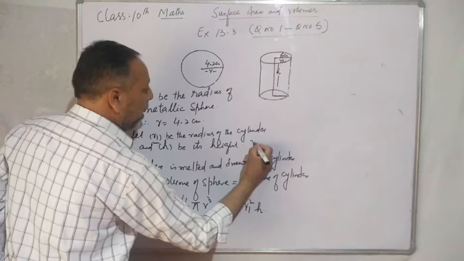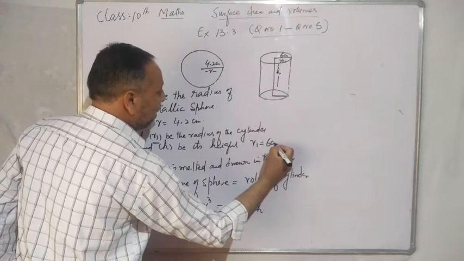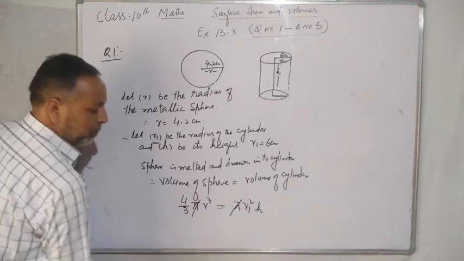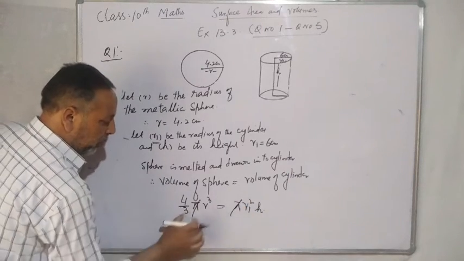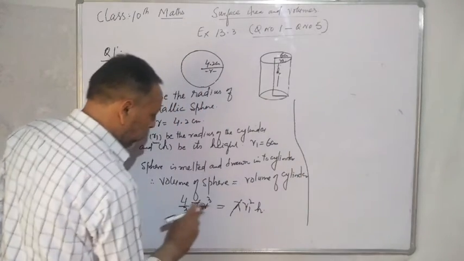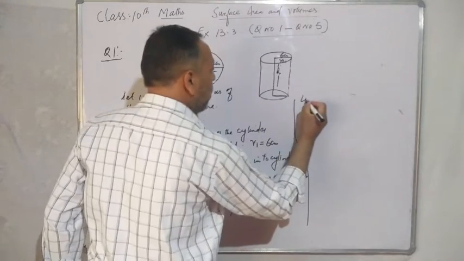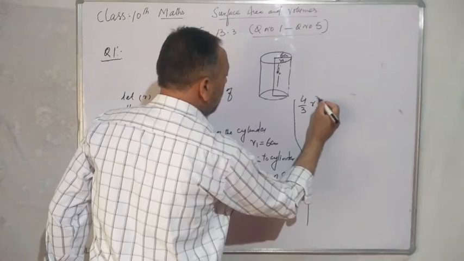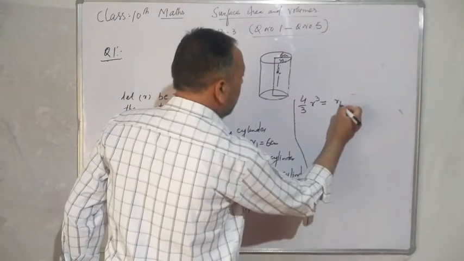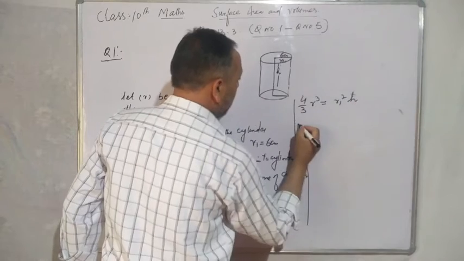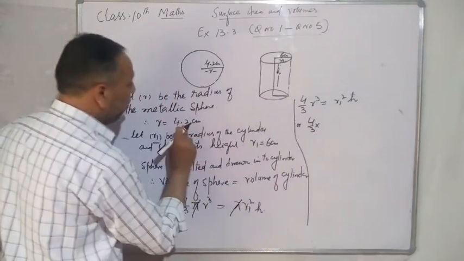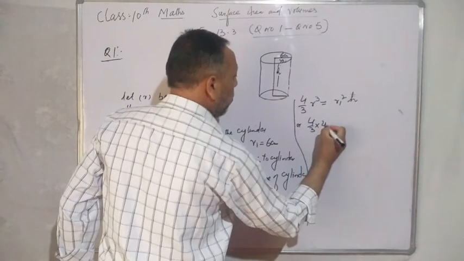Here r1 which is given is 6 centimeter. Pi and pi cancel out. What is left is 4/3 r cube equal to r1 square h. What is r? 4.2.